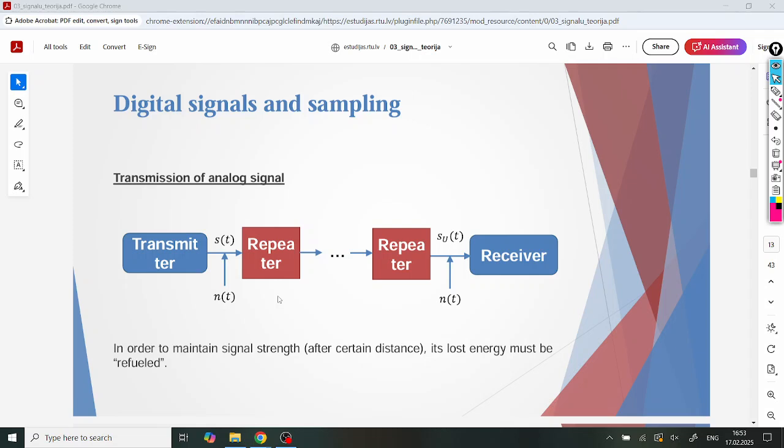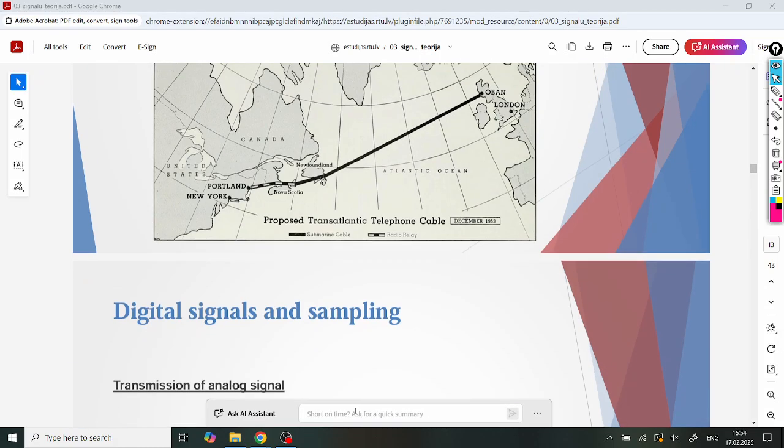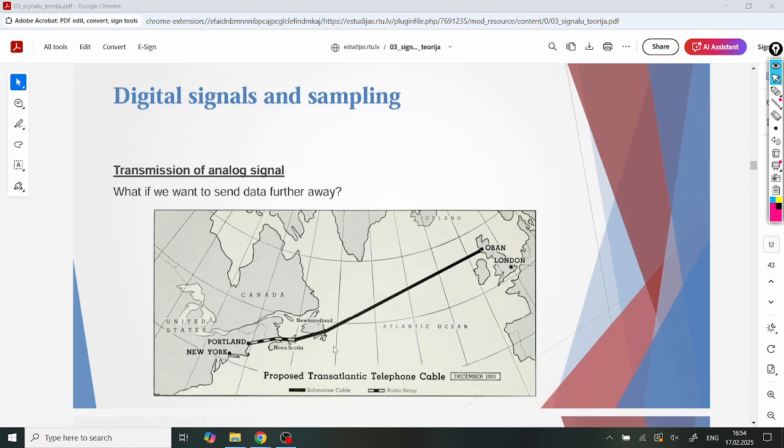Now, this way, we could actually cover a lot more distance, at least in theory, because we can repeat this as many times as we need to. Of course, in this situation, it's difficult because it's on the bottom of the ocean, but still manageable, still possible to provide some power source.